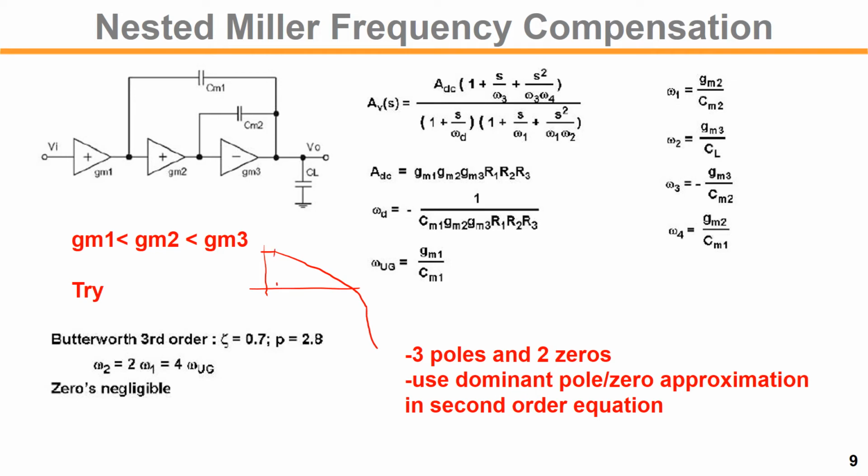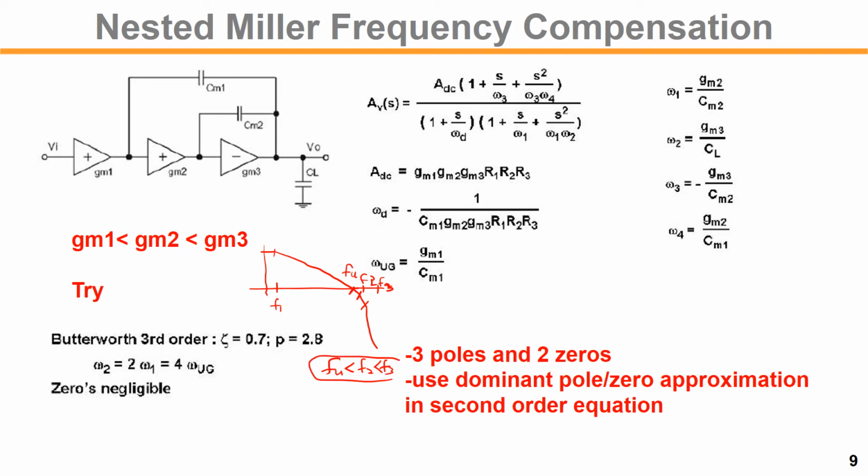So here is dominant pole F1, and what's important is FU and F1, F2, F3. What you have to do is make FU lower than F2 and F3.